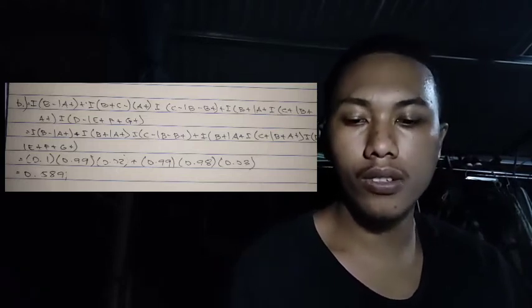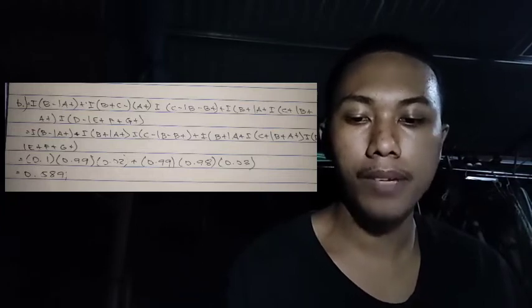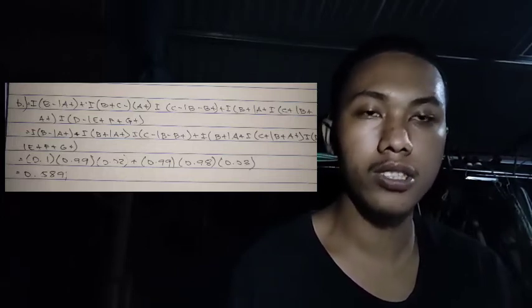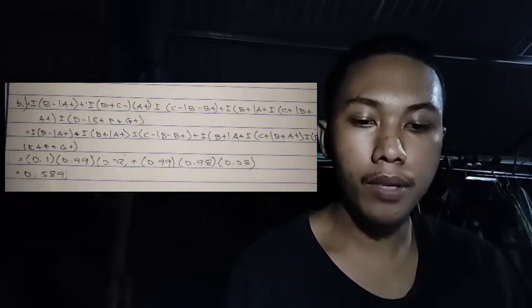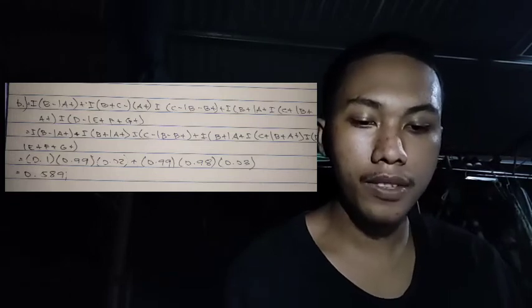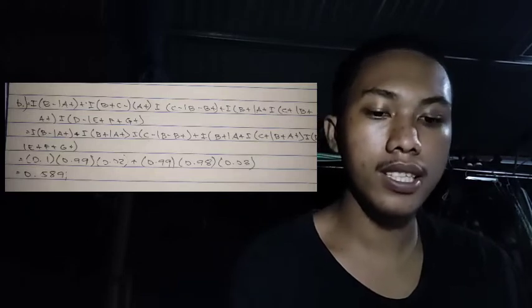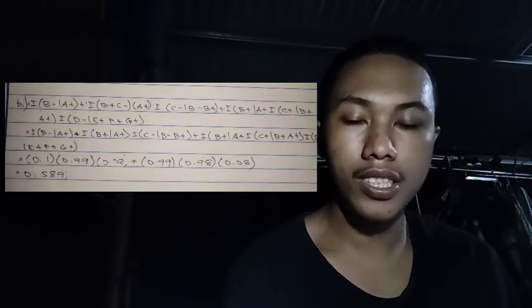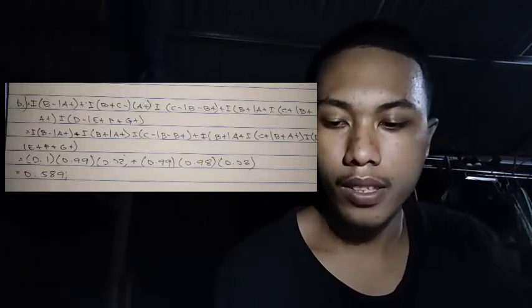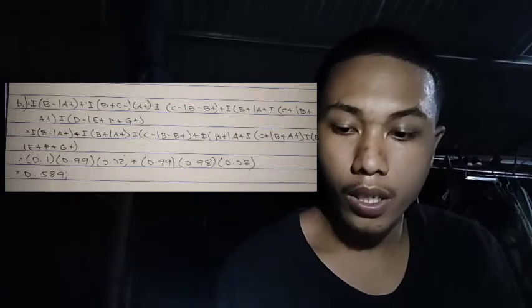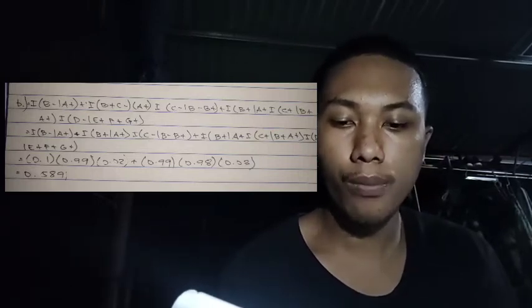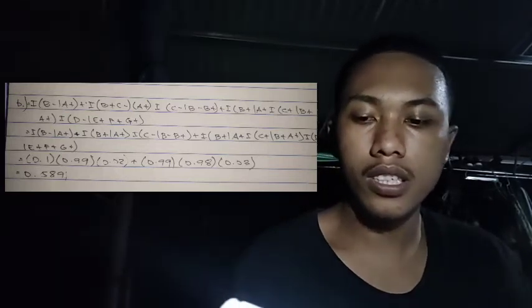Upon expanding and solving this problem, it comes to 0.1 times 0.99 times 0.02 plus 0.99 times 0.98 times 0.8, and the final answer is 0.5891. So next is letter C.